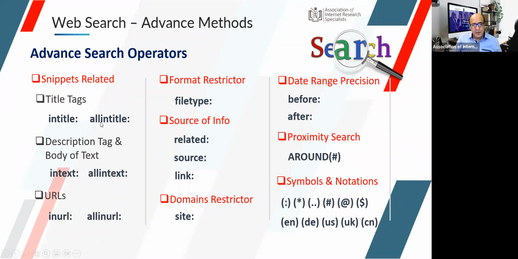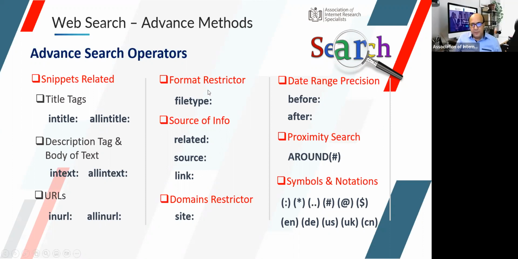It has an additional function or an additional restrictor, which changes somewhat the utility of this operator just by adding the word all. In fact, allintitle is just one long word now, again followed by the colon sign. So practically we have two operators, same ingredients, but slightly different flavors. And I'll explain why and when we use all.